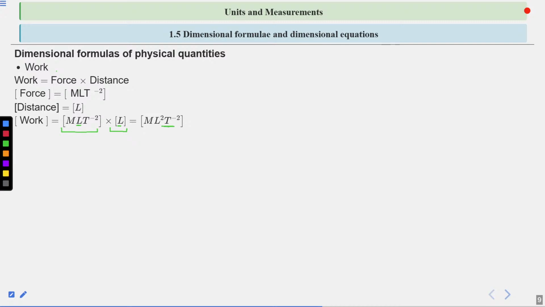So [M L^2 T^-2] is the dimensional formula of work from the formula work equals force into distance.